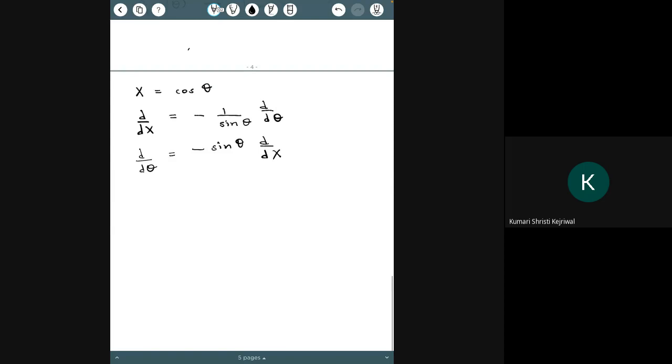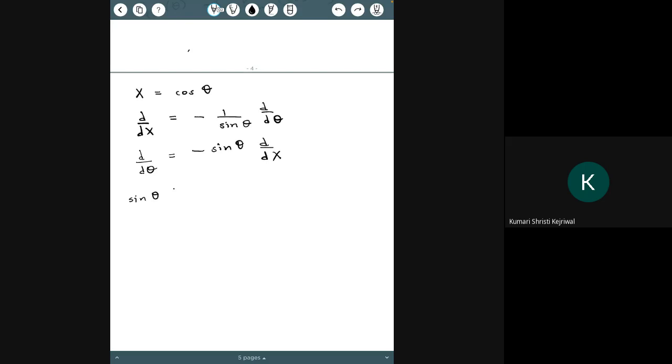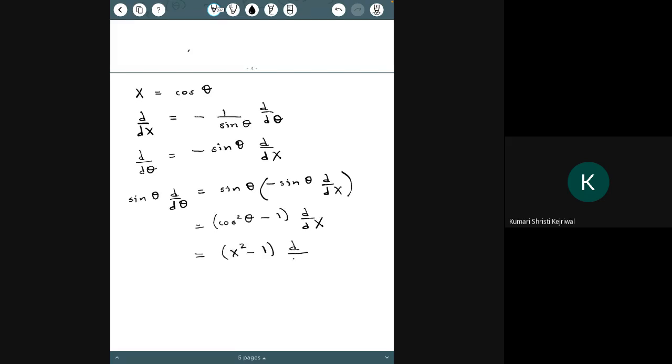So sine theta d/d theta is sine theta times minus sine theta d/dx, which is minus sine squared theta d/dx, which is cos squared theta minus 1 d/dx, and cos theta is x, so this is x squared minus 1 d/dx. So we have got the form of sine theta d/d theta in terms of x.